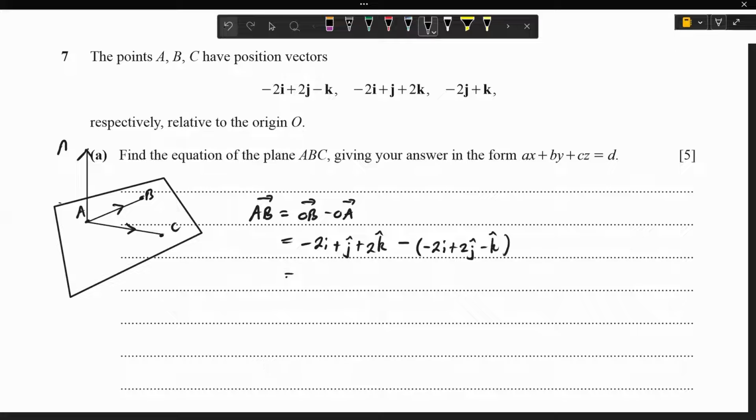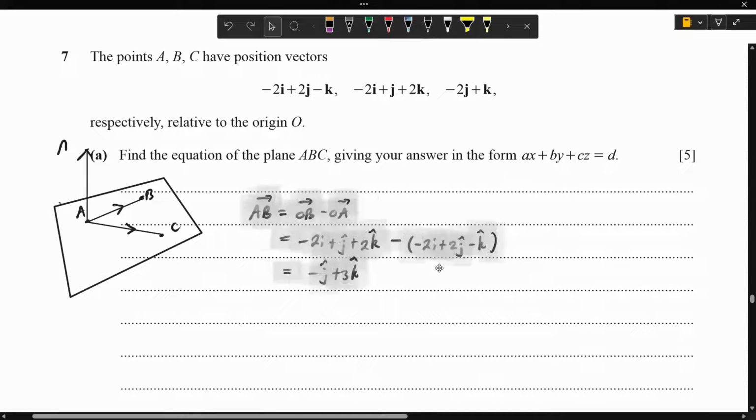So this is going to give us minus 2i plus 2i, that's 0. Then j minus 2j, which is minus j. And we will also be having 2k minus k, which is k, so plus 3k. So that's AB here for us.